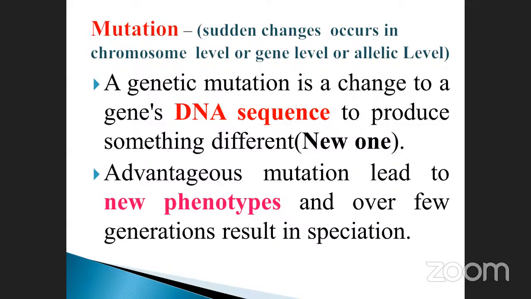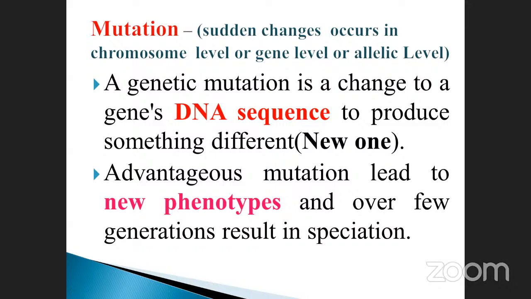But here, a mutation takes place. What are the abnormal mutations? Already studied: addition, deletion, substitution, translocation, inversion, like that. Likewise, the sudden changes also occur due to so many factors. As a result, the DNA alleles, nucleotide sequences will be changed.